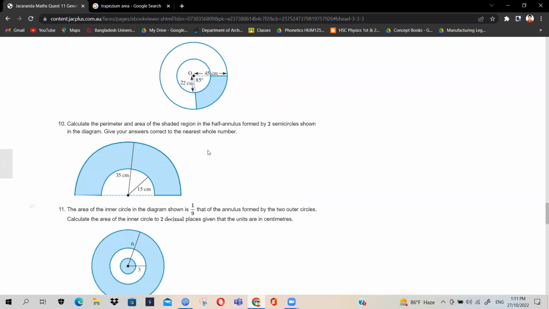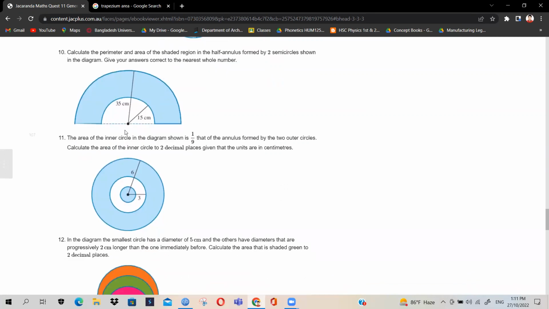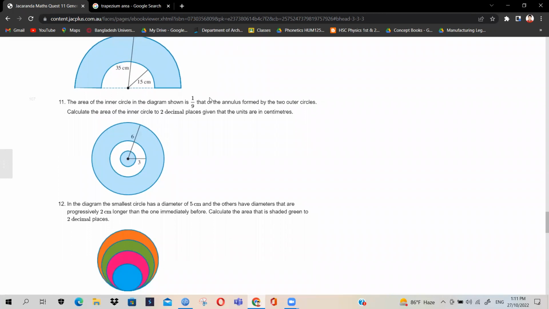The area of the inner circle in the diagram shown is 1 upon 9 that of the annulus formed by two outer circles. So which are the two outer circles? This one and this one. Calculate the area of the inner circle to two decimal places given that units are in centimeters.